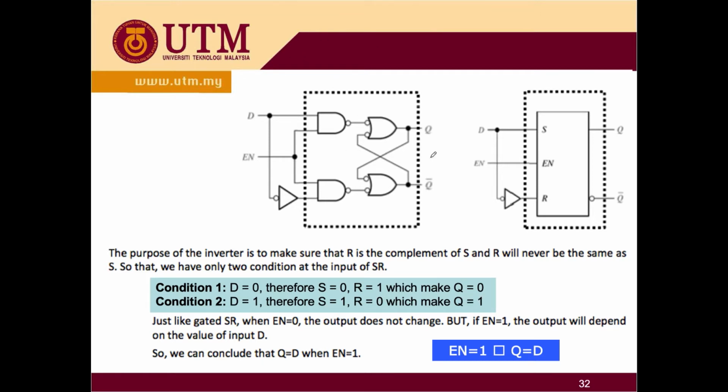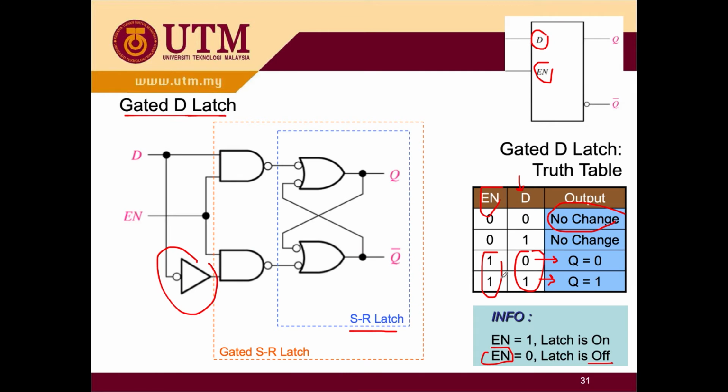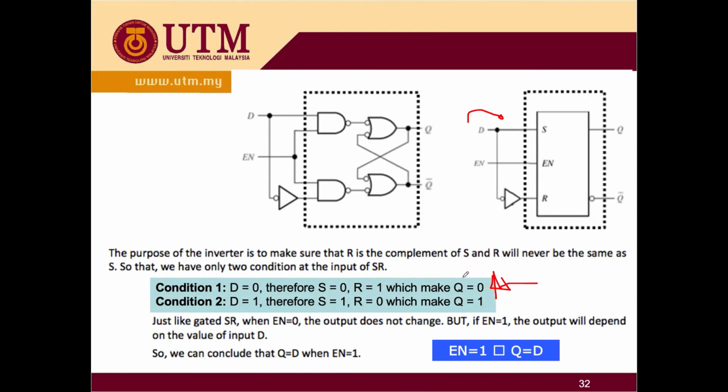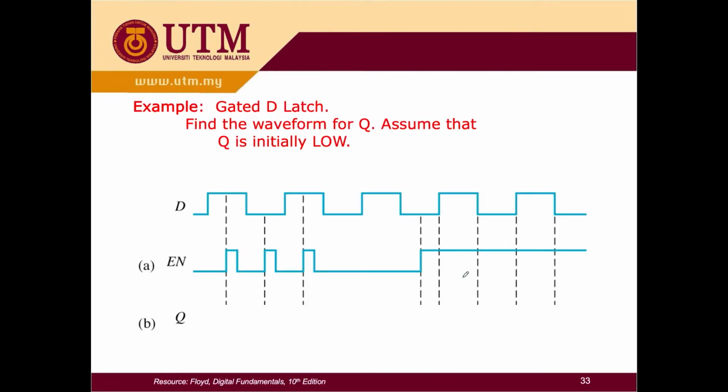This is basically what happens inside your gate D latch. So you need to know what happens inside, but if you also remember this, your gate D latch is already okay.